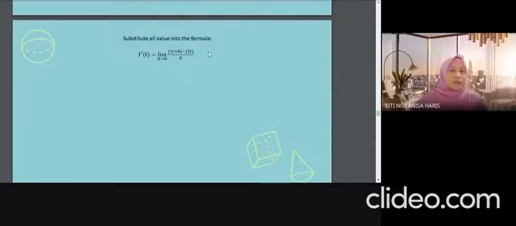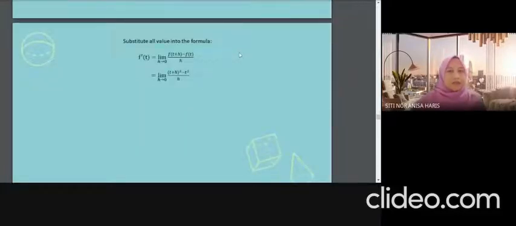So all we need is to substitute the values into our formula, and this is the answer that we get after we substitute. For the t plus h squared, we need to expand.